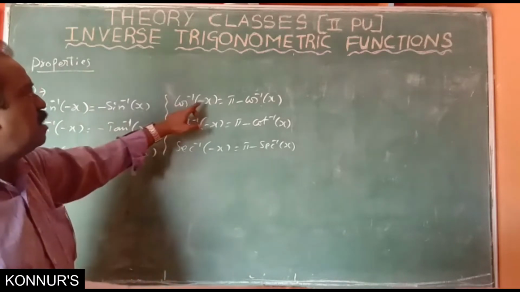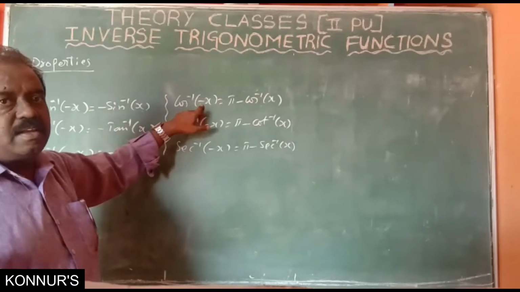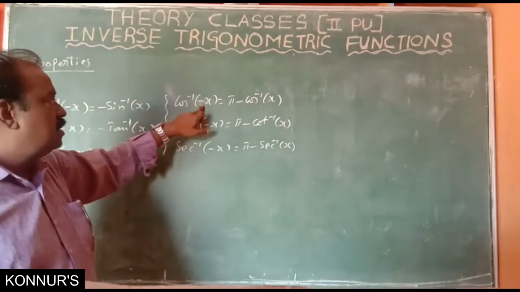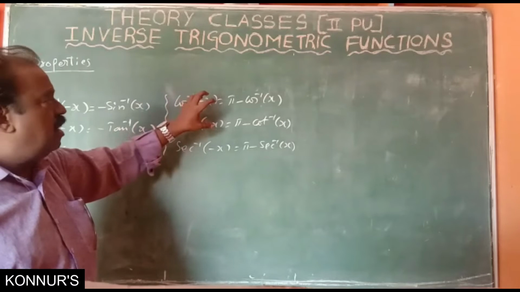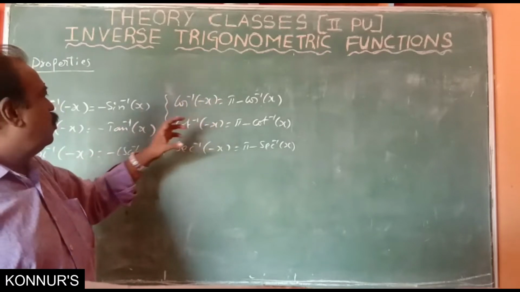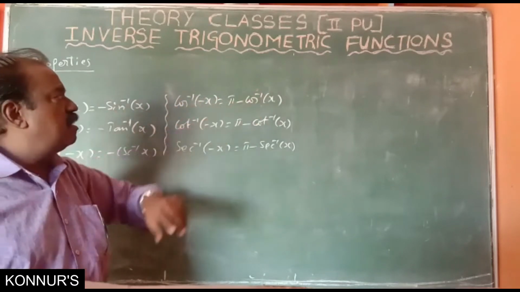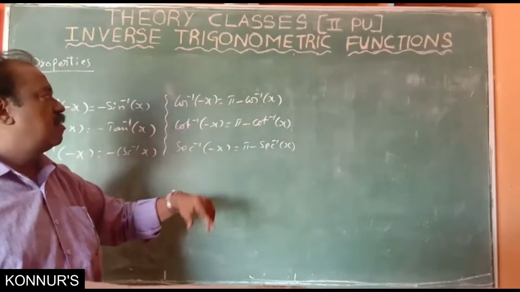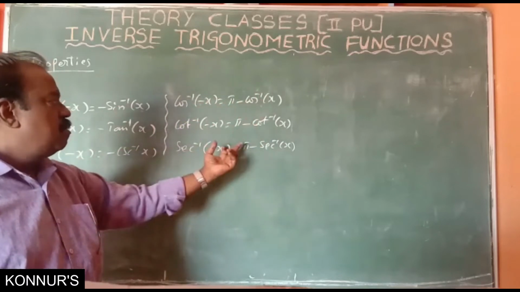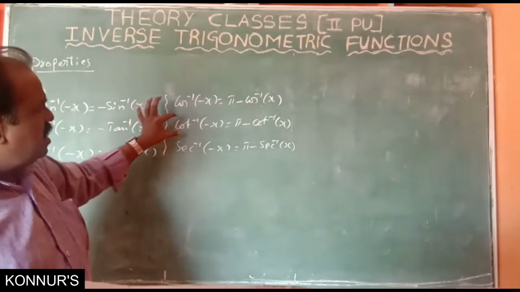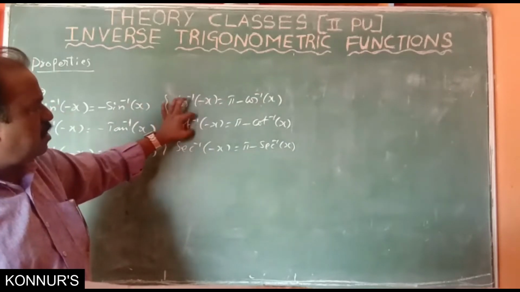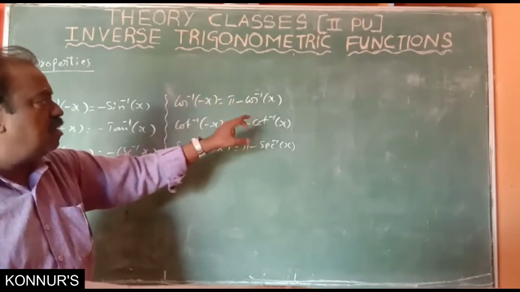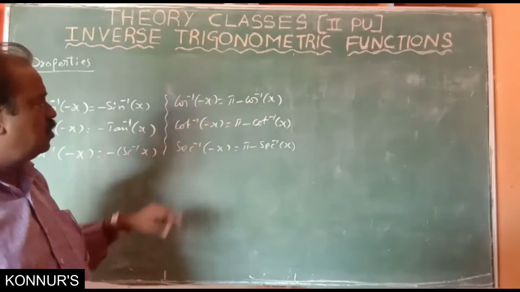Similarly, cos of minus theta is not minus cos theta in the regular trigonometric functions. It is somewhat different. Here also, it is not simply minus cos inverse x; it is pi minus cos inverse x, pi minus cot inverse x, pi minus secant inverse x. It is a different one. Please note it well.